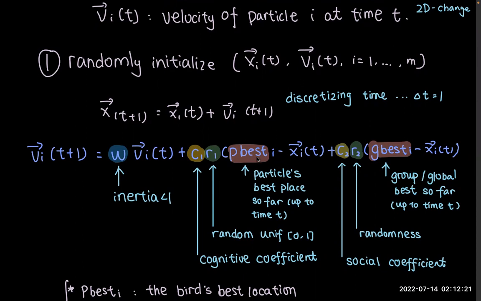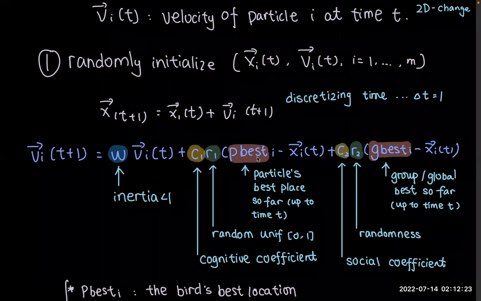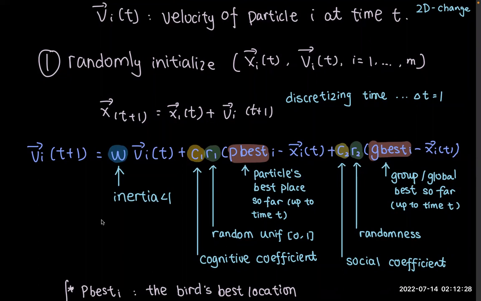The change of the velocity depends on some factors, and this is the key equation for the particle swarm model. So v_i(t+1) equals w times v_i(t). Here w is called the inertia. This is a coefficient often less than 1. It's like a friction, right? If it's less than 1, then usually you reduce the velocity.